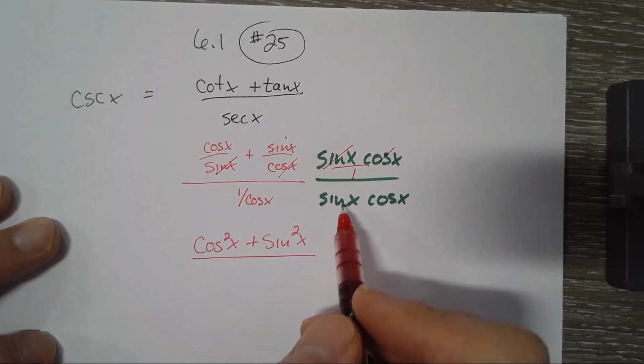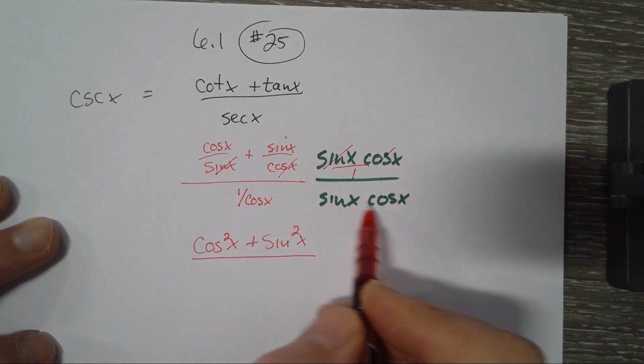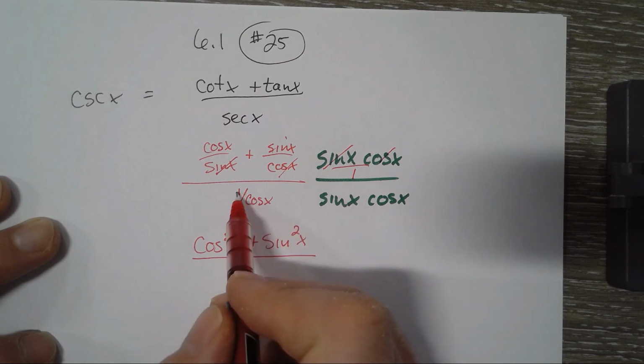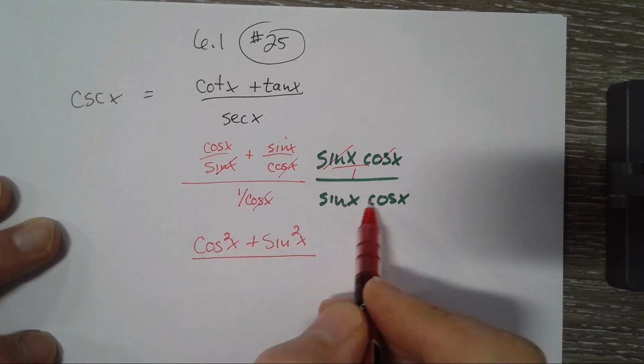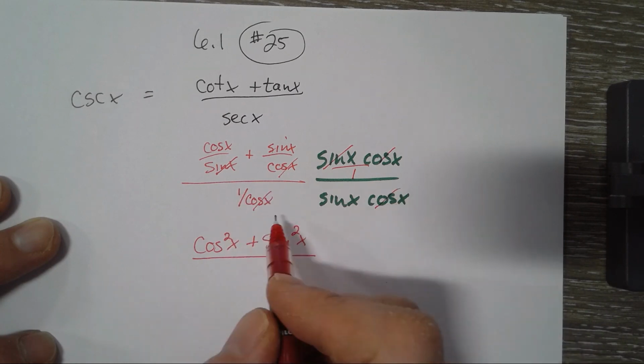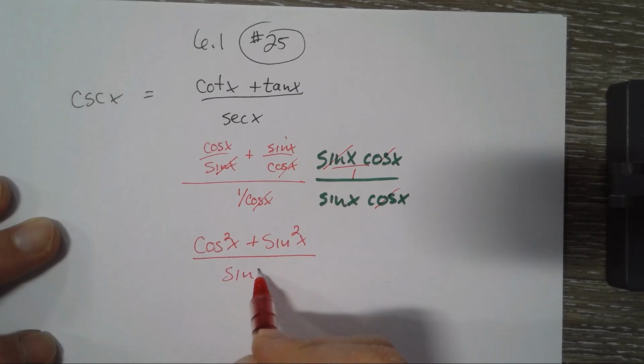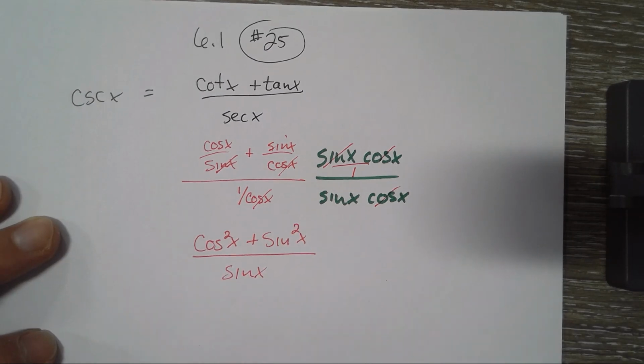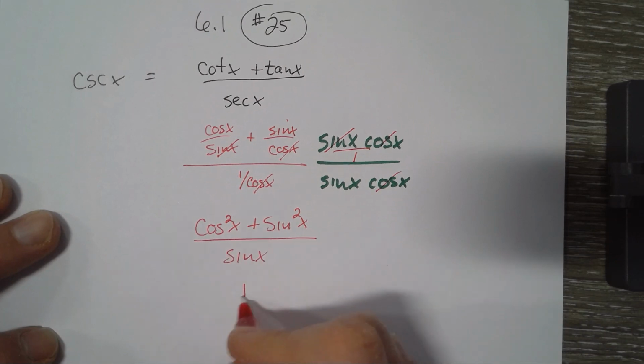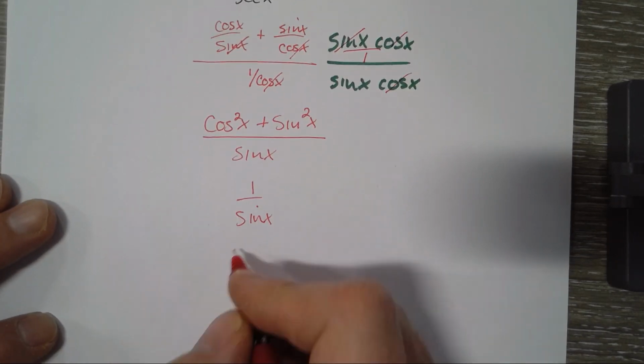And on the bottom, sine x times cosine x, that goes on top of this over cosine. So these cosine x's are going to cross off. So I have just sine x, and the Pythagorean identity on top is just 1. So 1 over sine x, which is cosecant x.